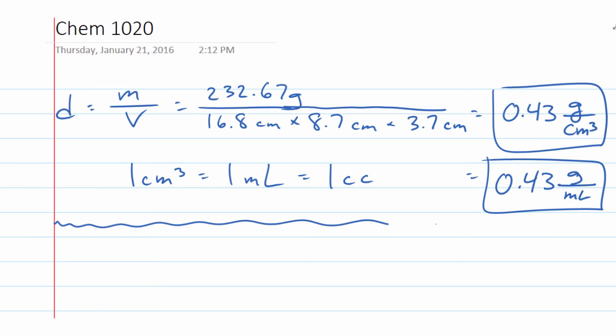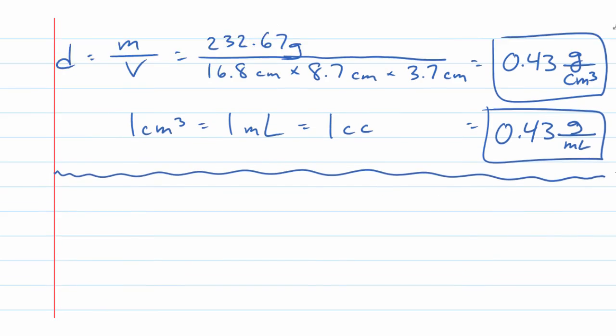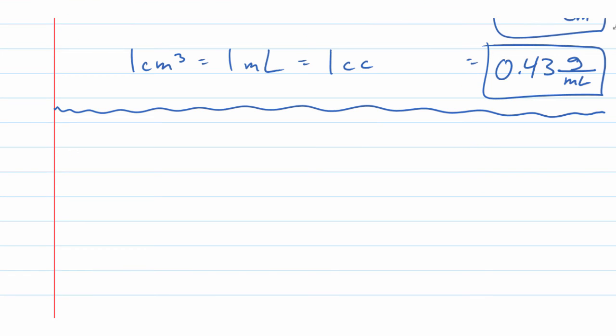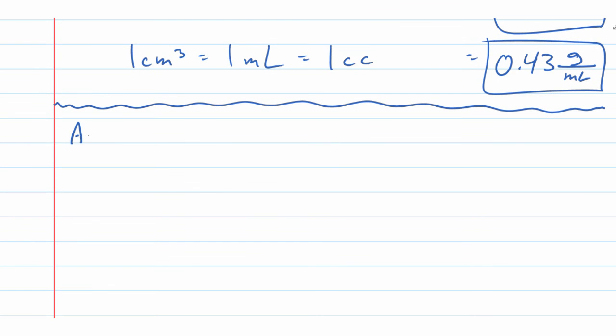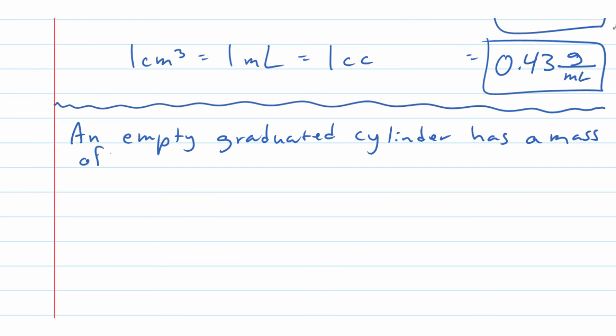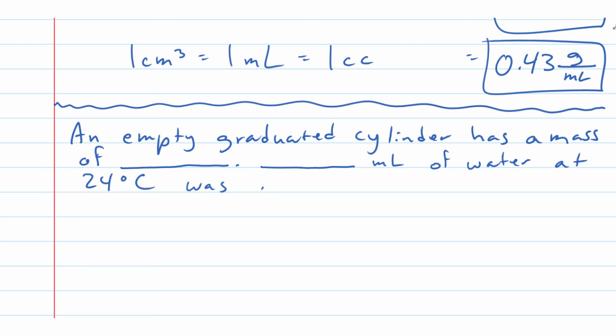That's the first calculation. Any questions on this one here? Right, in our next demo, we have an empty graduated cylinder. It has a mass of, right now we'll just say blank. And then we're going to say blank milliliters of water at 24 degrees Celsius was added to the cylinder.